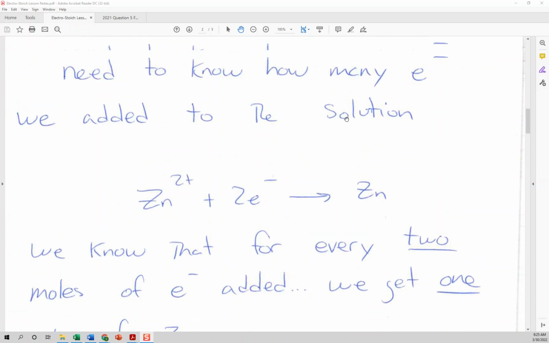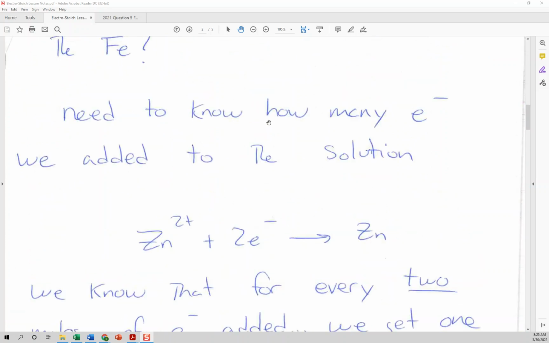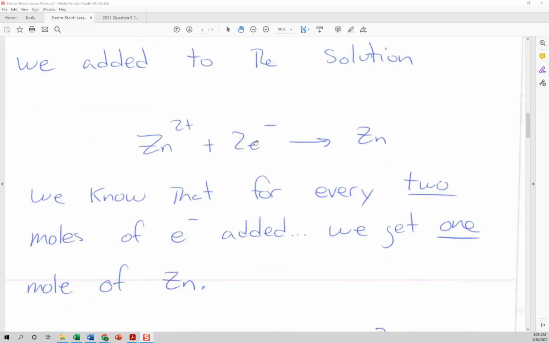As soon as we can figure out how many moles of electrons we added, we can figure out how many moles of zinc were produced, because we know the ratio of 1 to 2, and then we can get our mass of zinc produced.